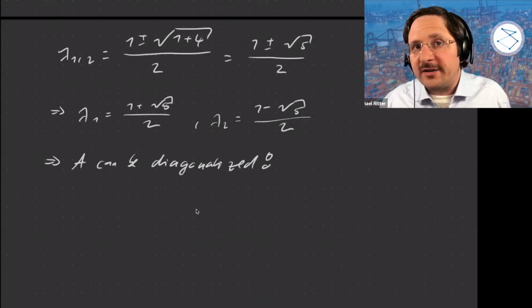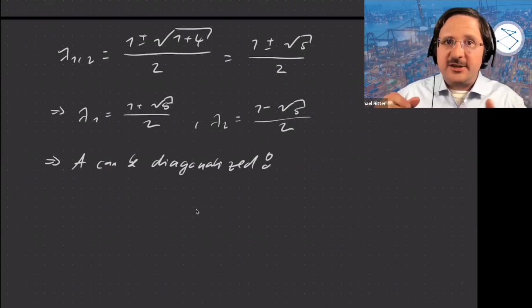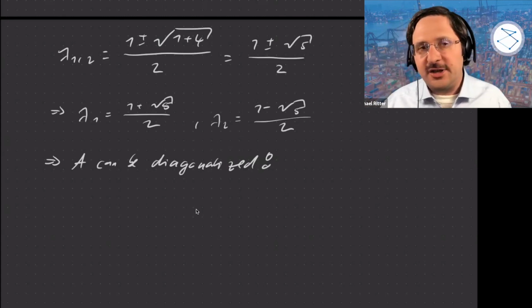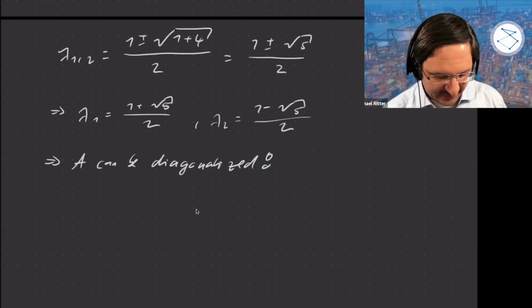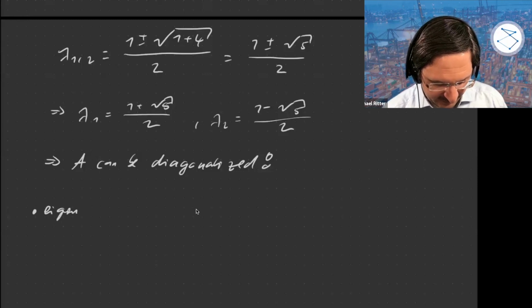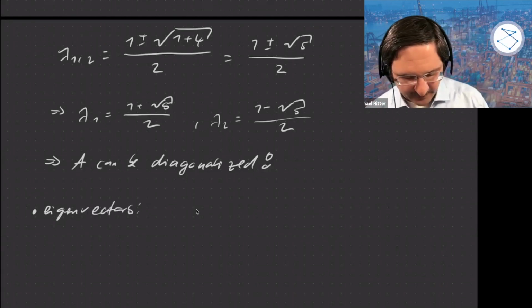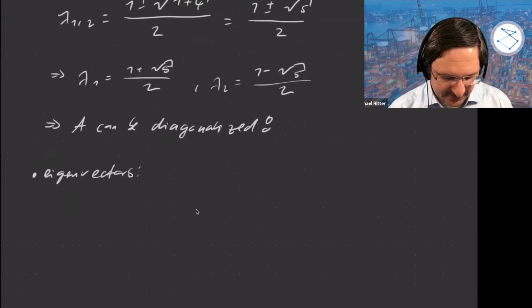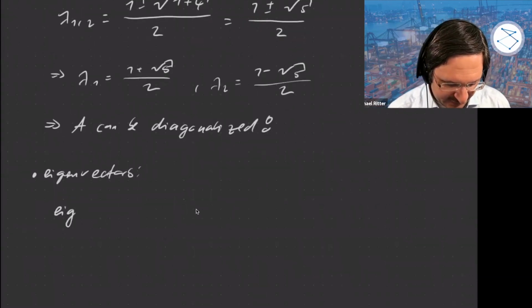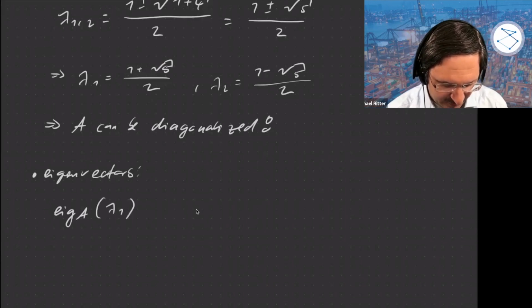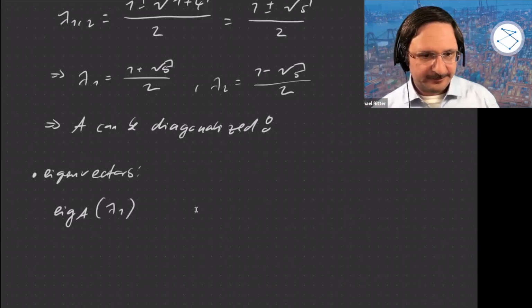But of course, we also want the eigenvectors. So we want to explicitly compute that diagonalization, and we want the transformation matrix. So we still have to go on, and we need to compute the vectors. So let's see. First, let's compute the eigenspace for the eigenvalue lambda1.